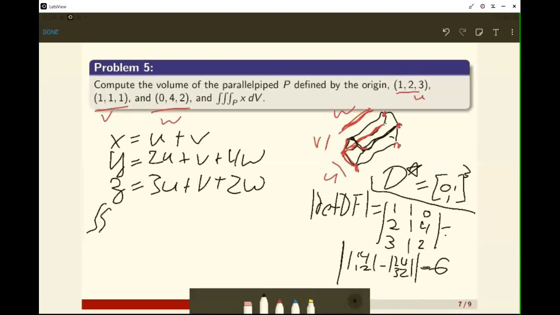And so our triple integral over the parallelepiped P that we were interested in, just a volume, is going to be an integral from 0 to 1 in all of our variables of 6 du dv dw.